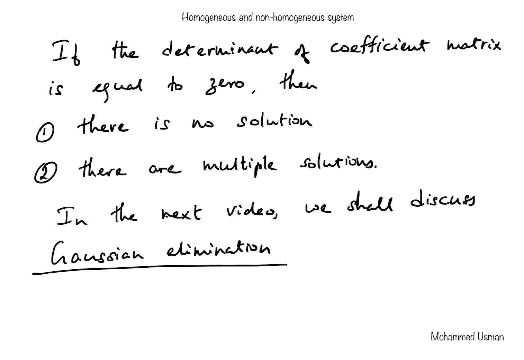But even before we solve those and find those multiple solutions, we would first need to determine which of these conditions is true for the given set of equations if the determinant of the coefficient matrix turns out to be equal to 0. Okay, we'll talk about these in the next set of videos, and we will discuss in detail the process of Gaussian elimination to solve the linear equations, as well as to determine which of these conditions is true.